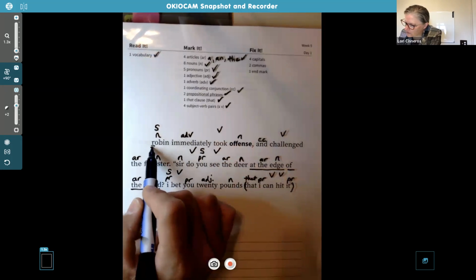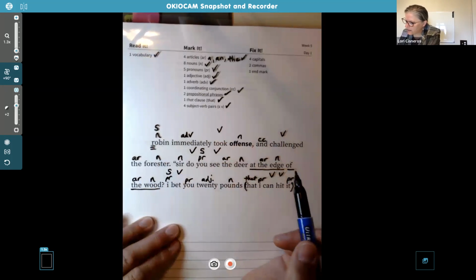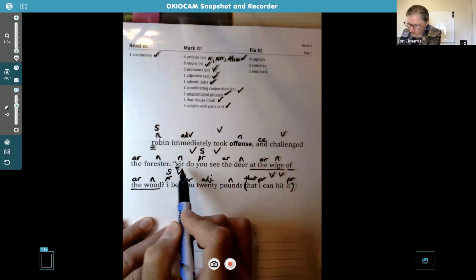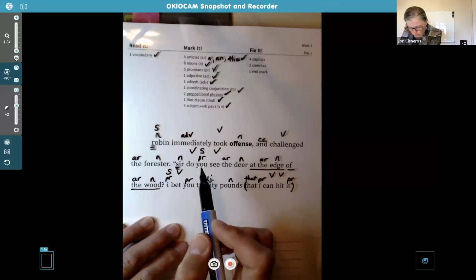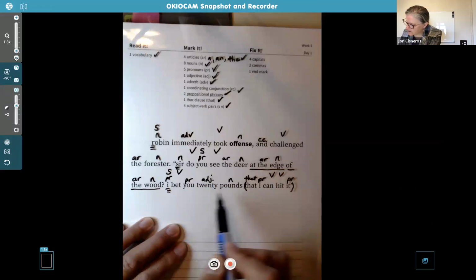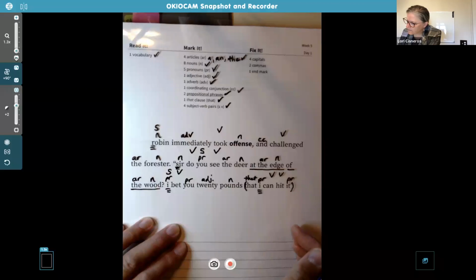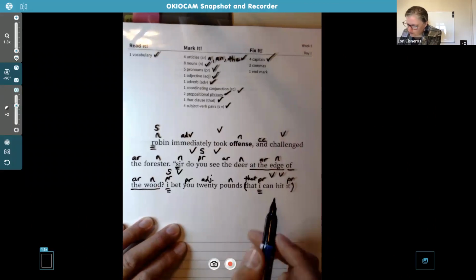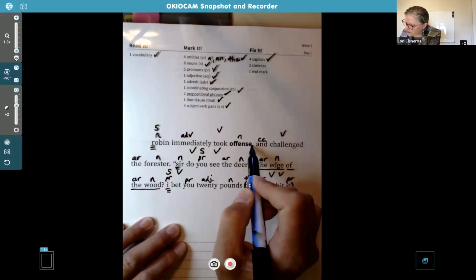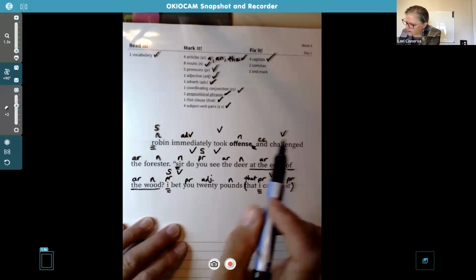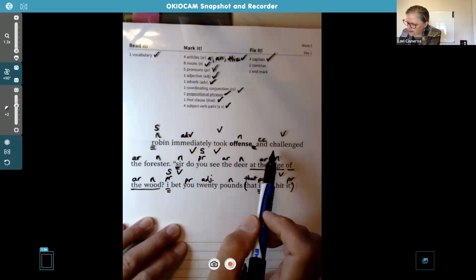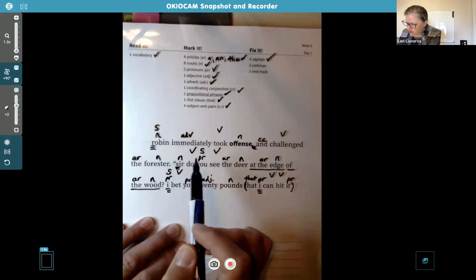Capitals, we know the first word or the name is a capital. We know the first word here, sir, is capital. We need to capitalize our I's. 1, 2, 3, 4, got that. Commas, take out the one after offense. We don't need that one there. Robin immediately took offense and challenged the forester.